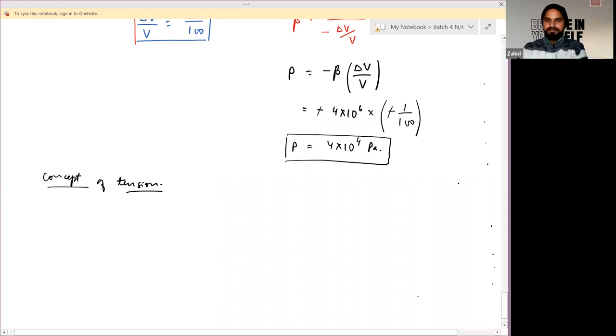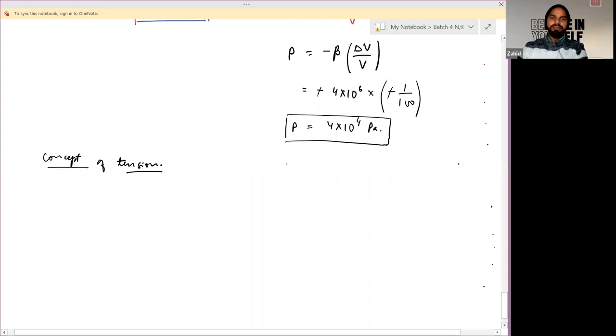Okay. Suppose there is a support from which a rope, wire, or string is hanging freely like this. Due to its slackness, you will say there will be no tension in it.